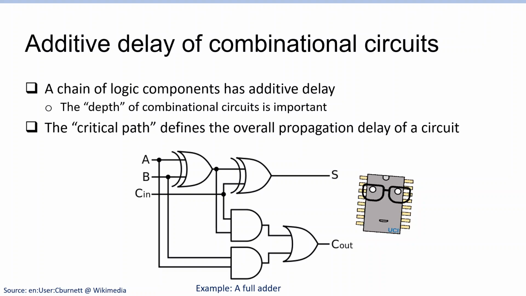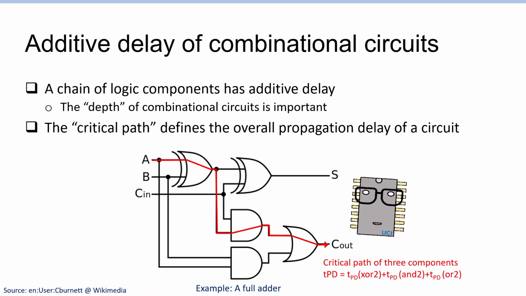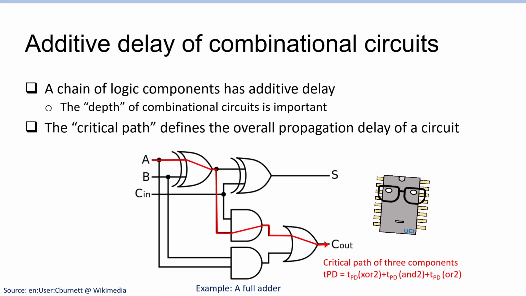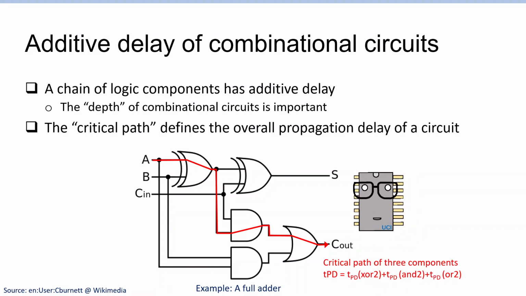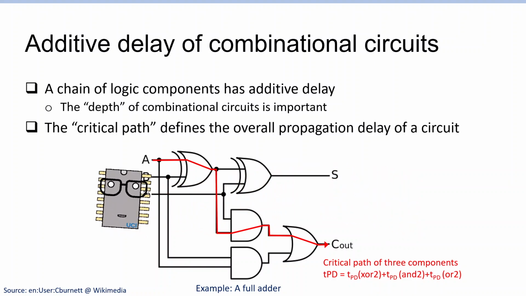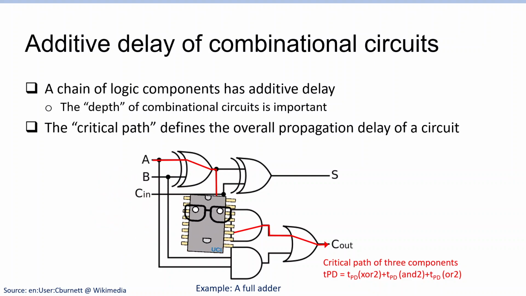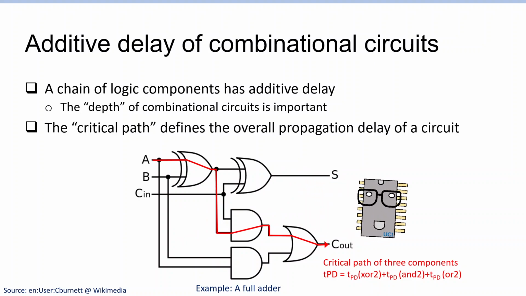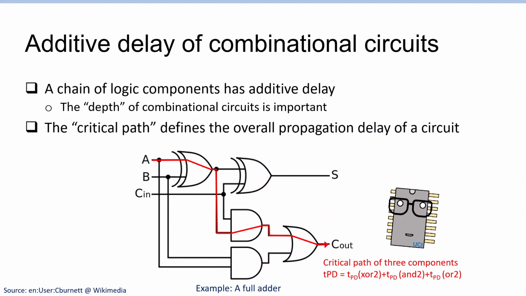So in this full adder example, of course, this is going to depend a little bit on the actual propagation delay of these individual gates, but most likely the chain which goes through one XOR, one AND and one OR, these three gates, is the longest path through this circuit from any input to any output.